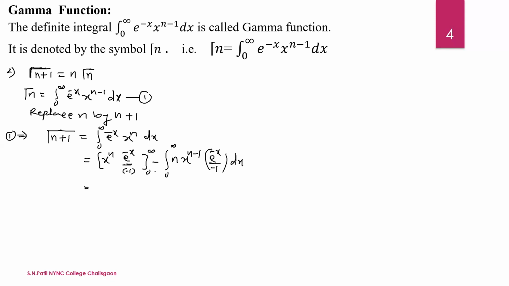Now here we put the upper limit. When we put the upper limit and n is positive, then the upper limit is 0.